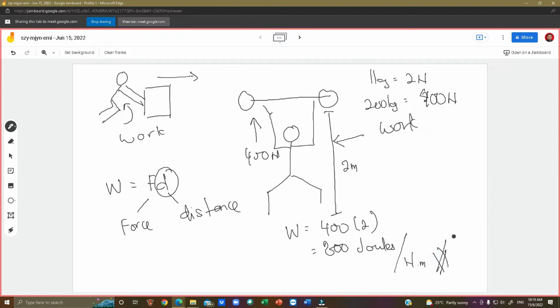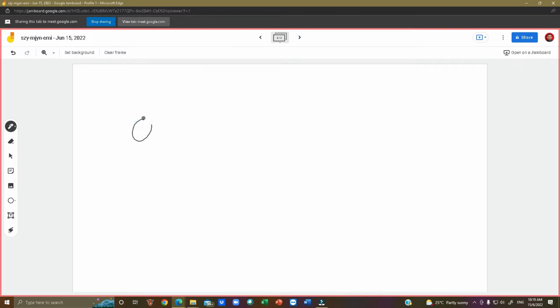Okay, and this is where the issue regarding work come, and this is most of the time we solve a problem for weightlifter and also sport, which is quite similar as weightlifter. Okay, let's say we have two persons. The first person, the height of this one is 1.8 meter.